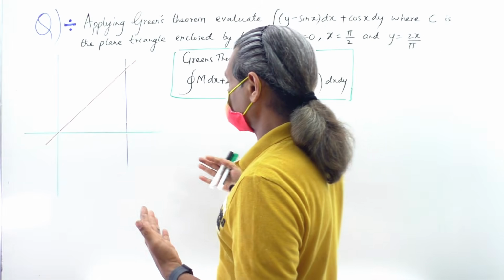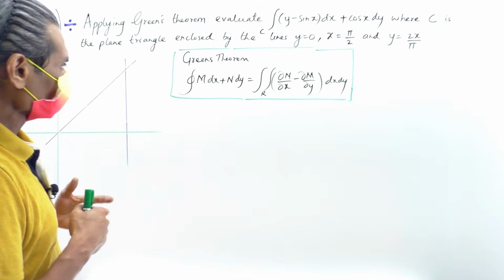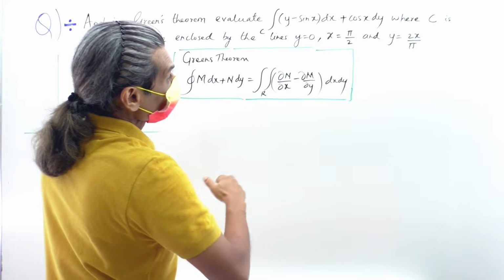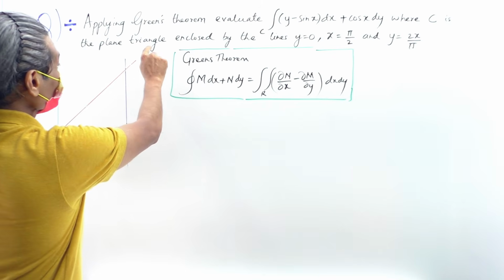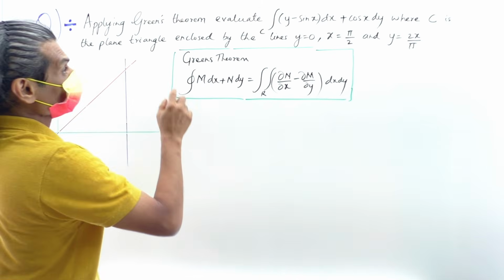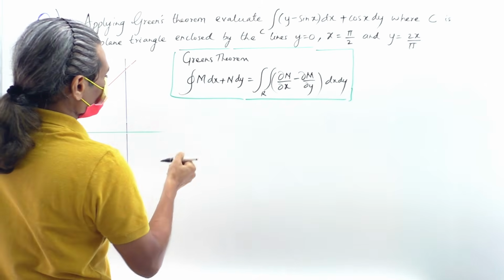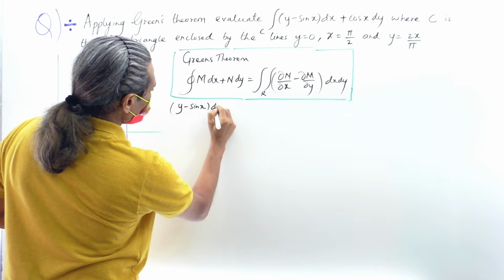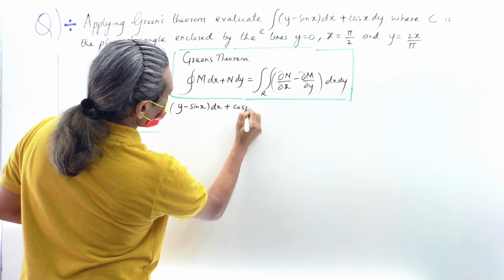To understand this question, let's understand it graphically. Now if you see carefully, the equation here is (y minus sin x) dx plus cos x dy.